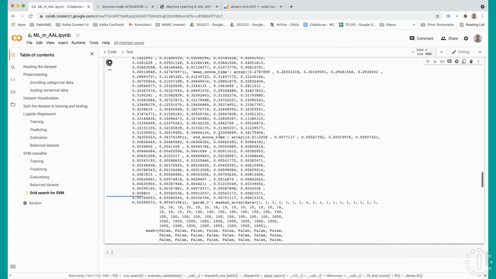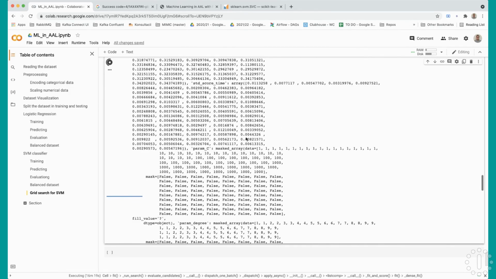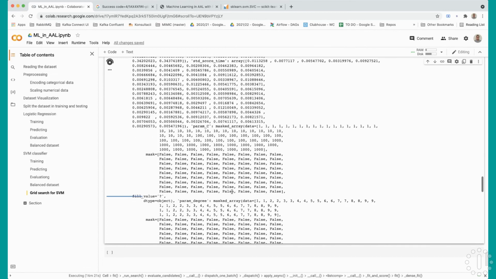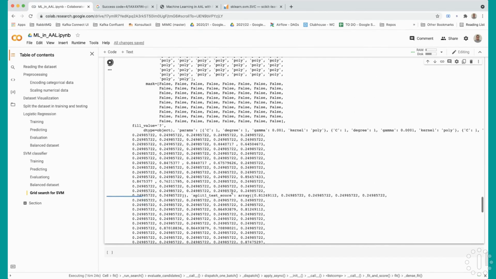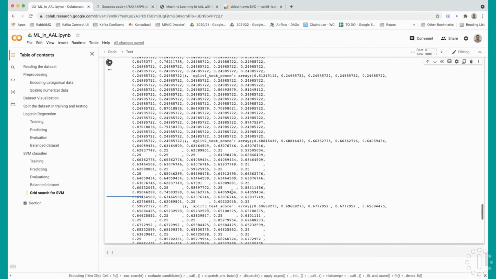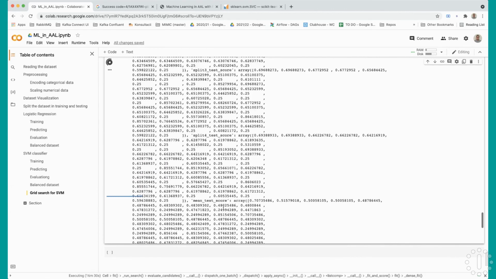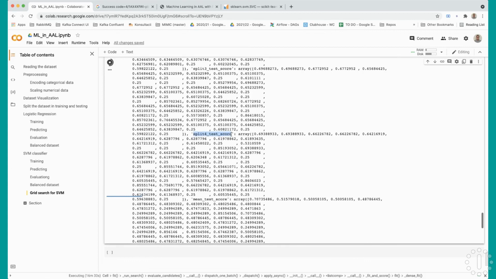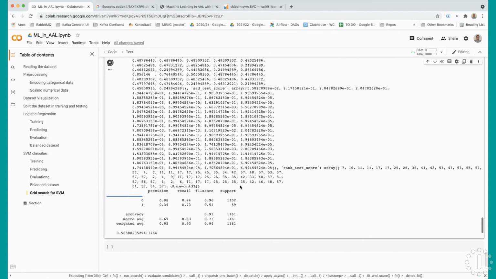Mean score time, standard score time, masked array, et cetera. The parameters that were being used, all of them are stated here, and the test scores for each split, there's quite a lot here.